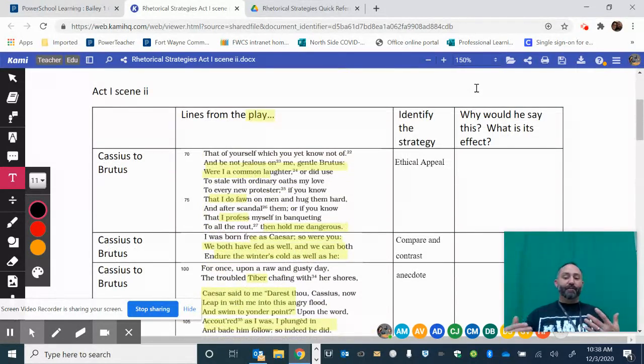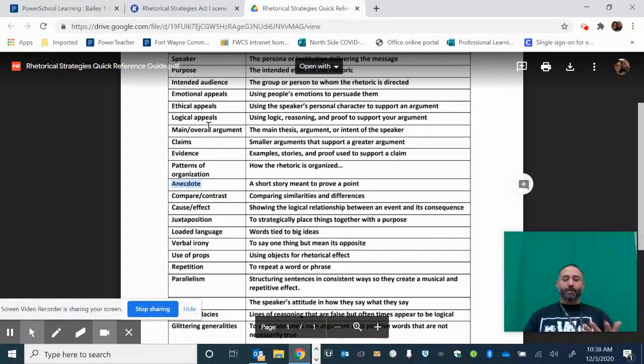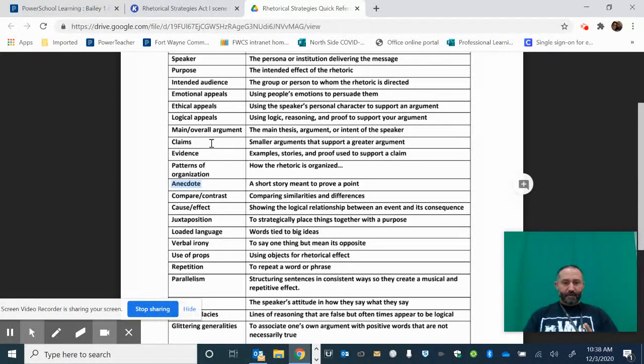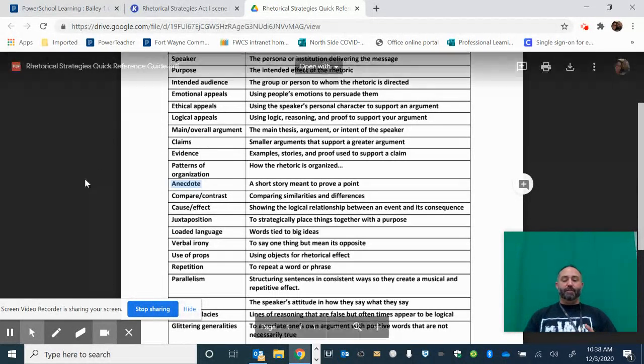You'll see some other persuasion later on in the play between different characters. But I wanted to make sure that we started using these rhetorical terms to analyze what characters are thinking, saying, and doing. And I also want you to use them not just for this class, but for life in general.